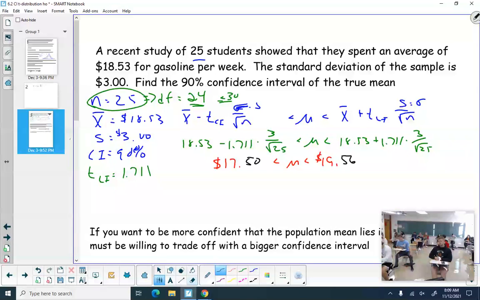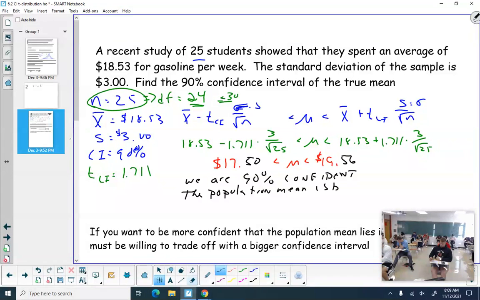Once again, this is a guesstimate for the population mean. We finish off our work and our problem by writing our statement. We are 90% confident the population mean is between $17.50 and $19.56.